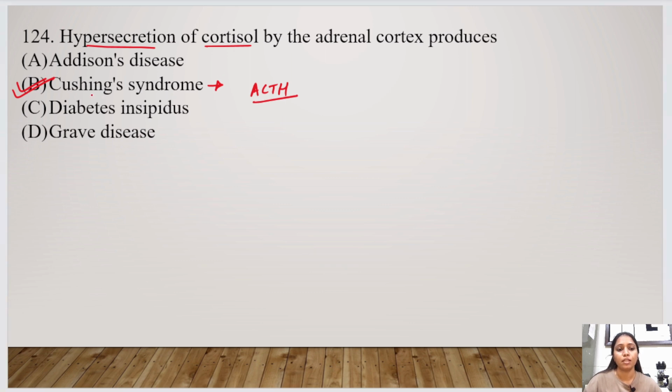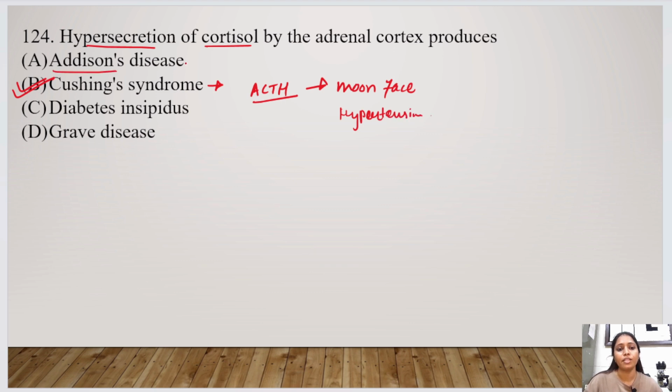Symptoms of Cushing syndrome include moon face, thickening of skin, central obesity, muscle weakness, hyperglycemia and hypertension.